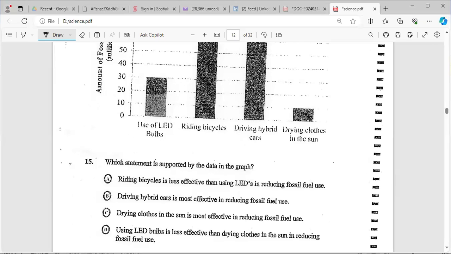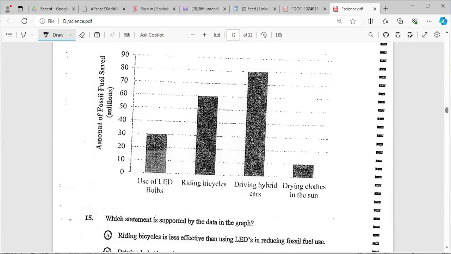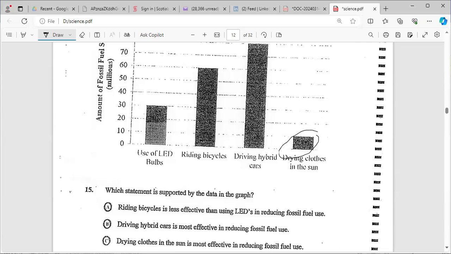All right, so over here we have the amount of fossil fuel saved. So this saves less. Remember now, it's the amount of fossil fuel saved. Is this statement supported? Riding bicycle is less effective. No, that could be A. B says driving hybrid is most effective in reducing fossil fuel use.